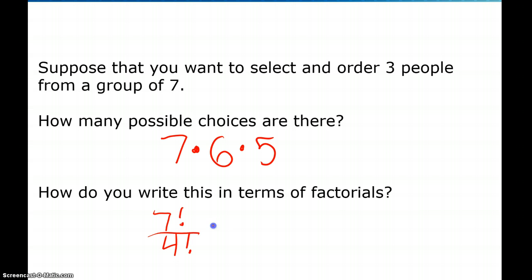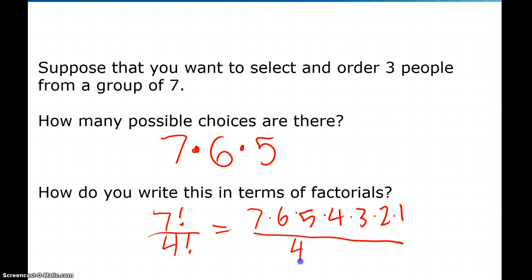Because if I think about what that really means, this is 7 times 6 times 5 times 4 times 3 times 2 times 1 over 4 times 3 times 2 times 1. Well, what really happens here is these cancel, they cancel, and they cancel, and I'm back to what I originally had. So that is the formula for a permutation.